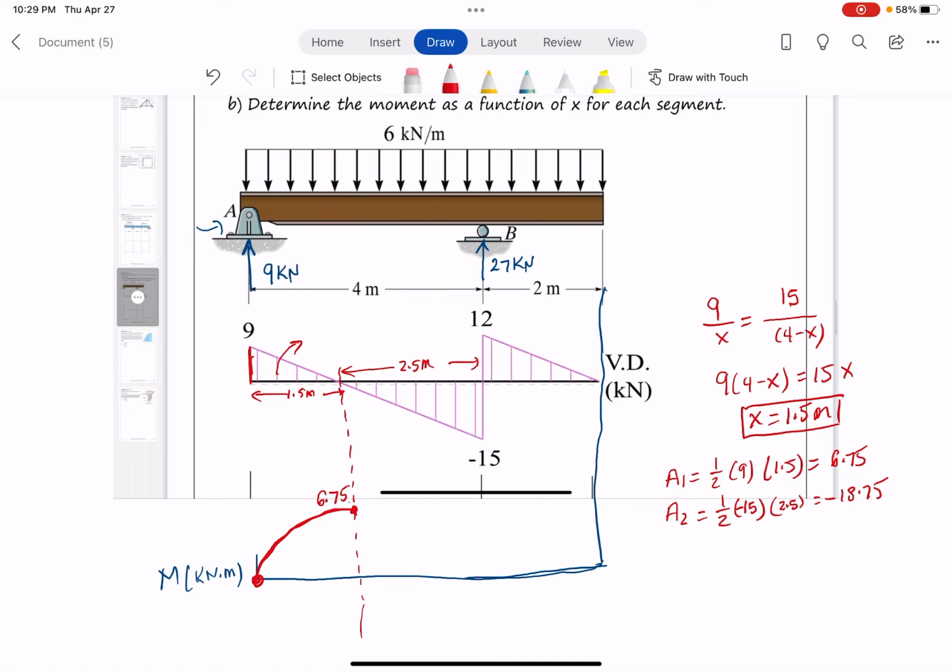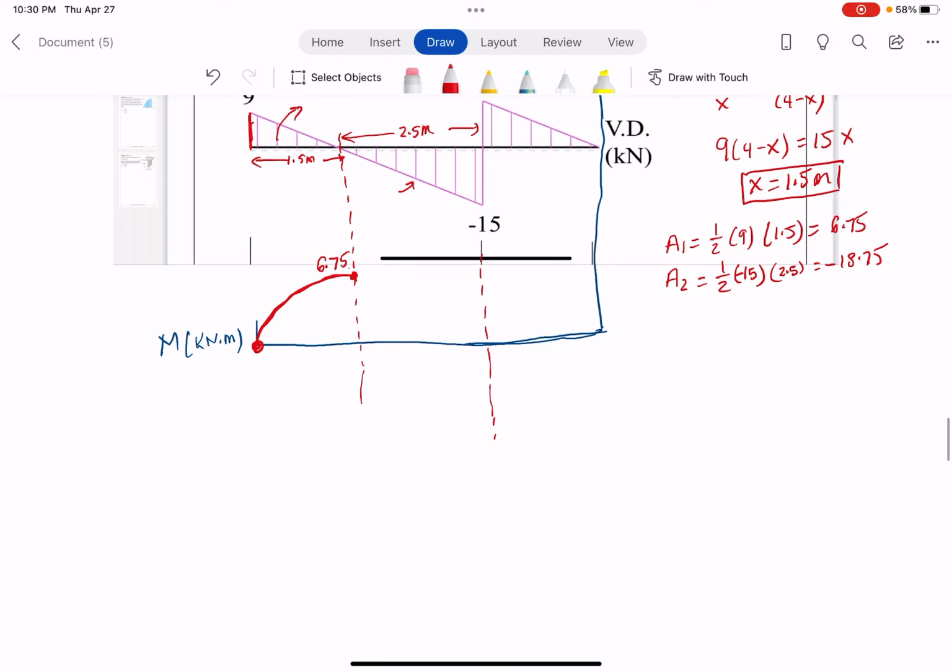Still, you can see that this is linear, so you're going to go concave down, non-linear, to minus 12.